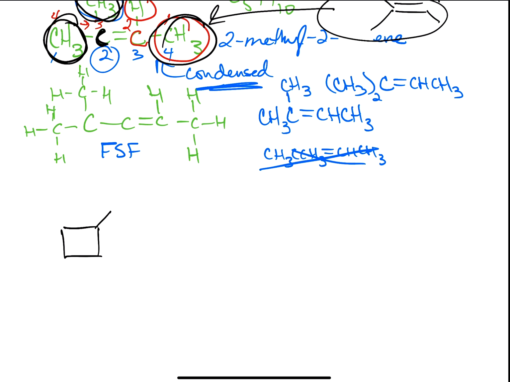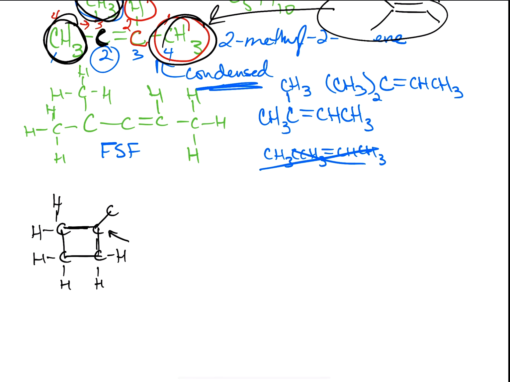Well, there's a carbon at each of these corners and at the end there, and then you'd have to fill in the hydrogens. So each of the carbons of the cyclobutane right there is going to have 2 hydrogens on it, except for this one right here, because it's bonded to 3 carbons.